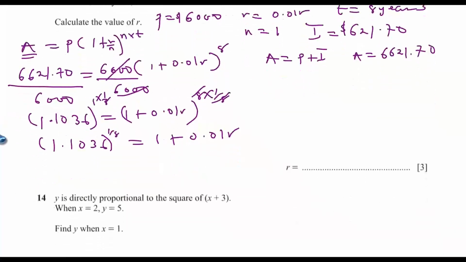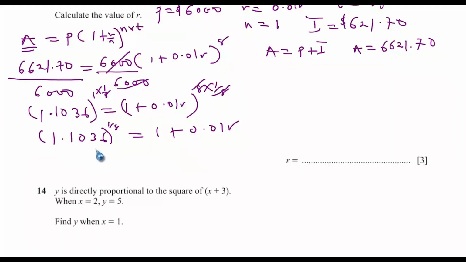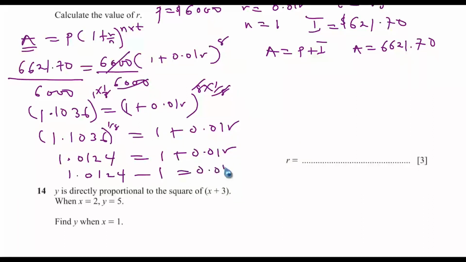If you input this into your calculator, this will give you 1.0124 equals 1 plus 0.01R. So if you collect like terms, you have 1.0124 subtract 1, and we are left with 0.01R.